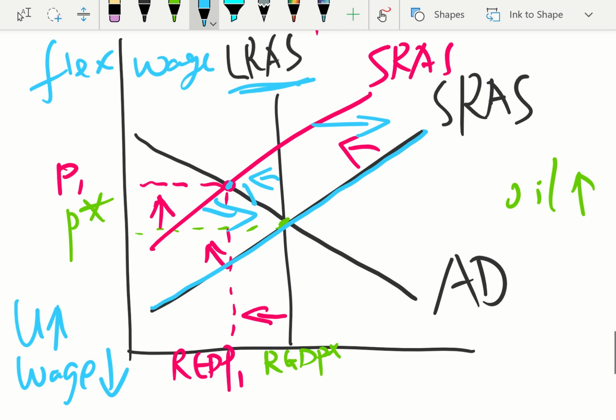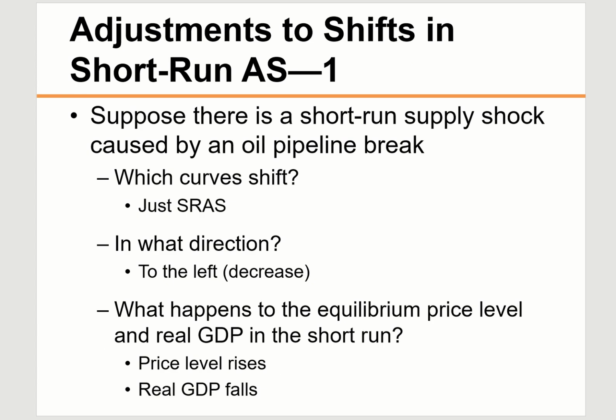So you're actually going back to this long run equilibrium. Okay, so if you allow the economy to self-adjust by itself, then eventually the economy will self-recover. Once unemployment goes higher, wages go lower, and then the aggregate supply curve will be shifting back. All right, makes sense? So with a shock, you have a recession, but with a recession, the economy will self-adjust.